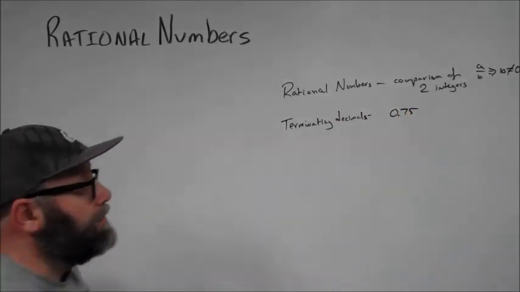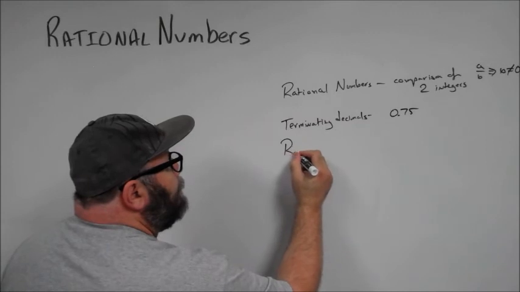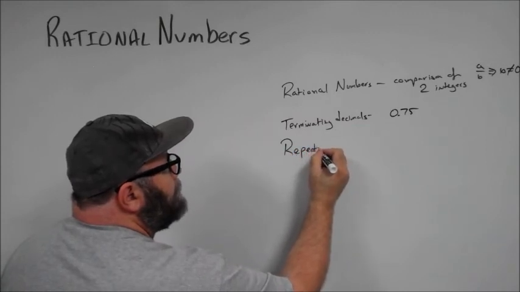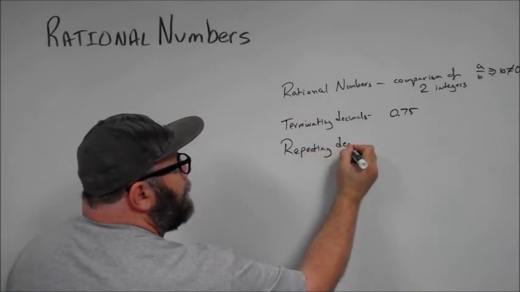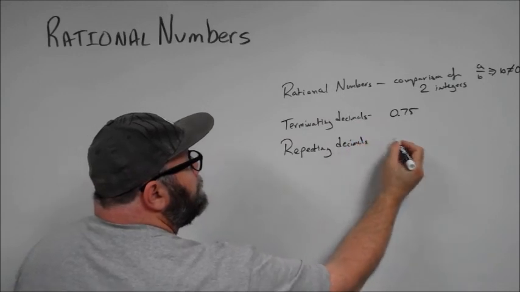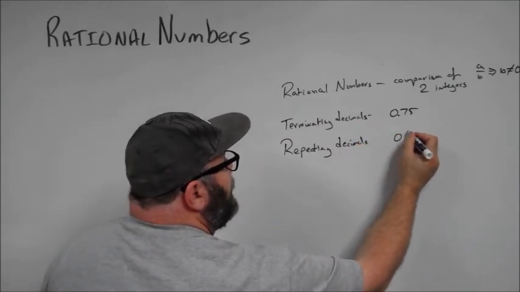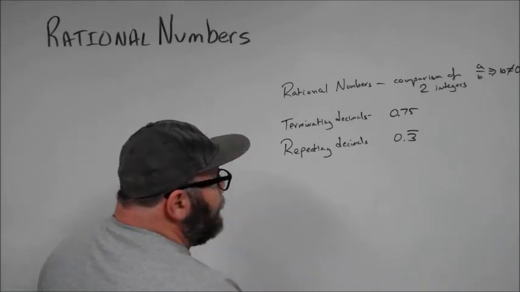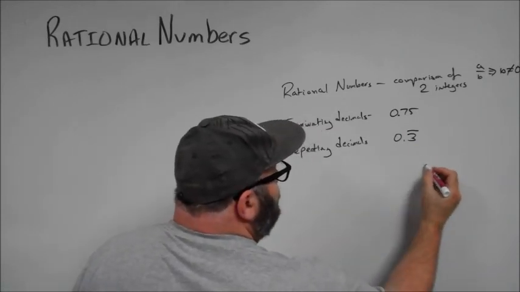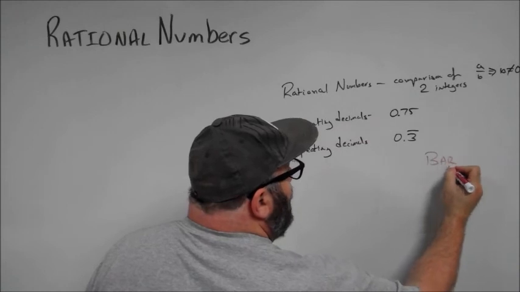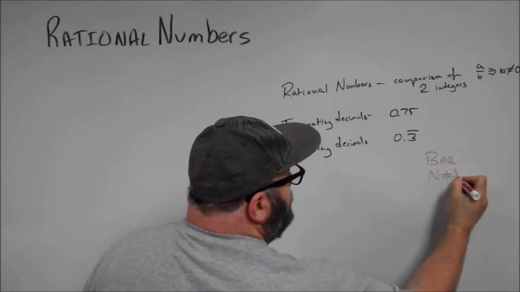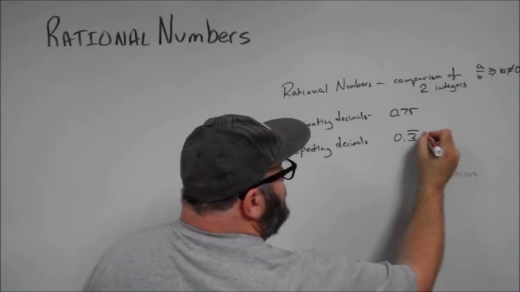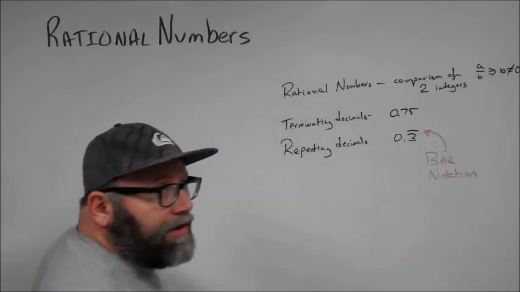That has an end. We have repeating decimals, which is like 0.3 repeating. We have bar notation, which is that thing right there, that bar.